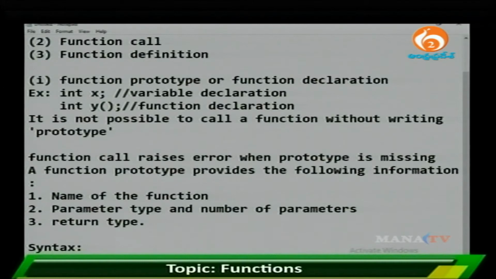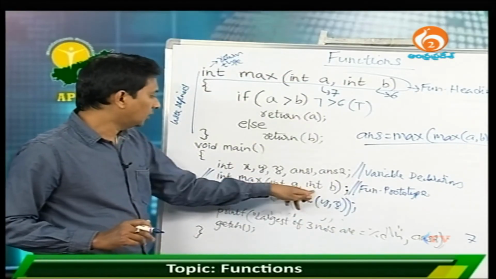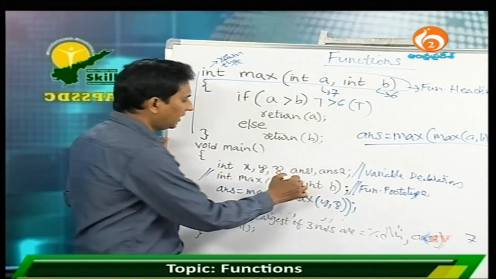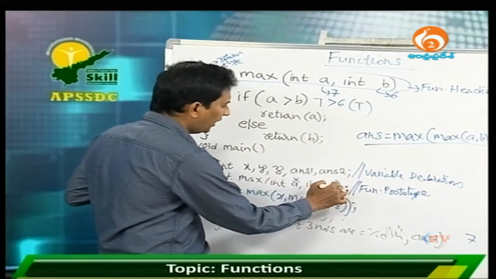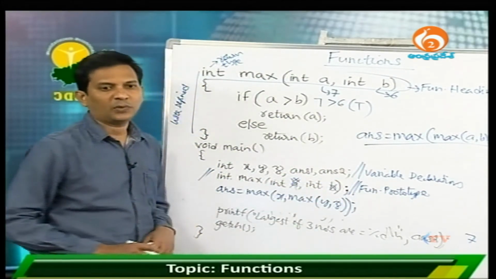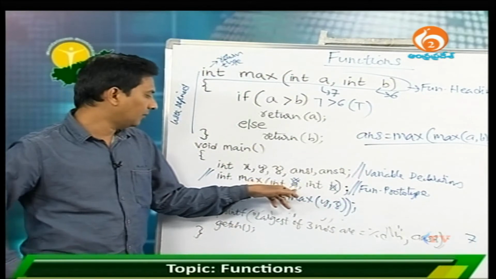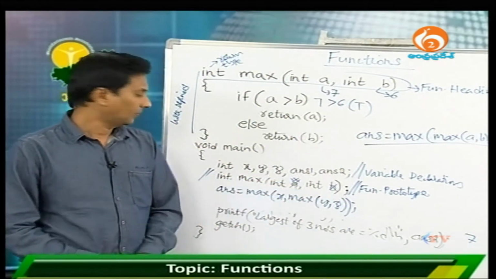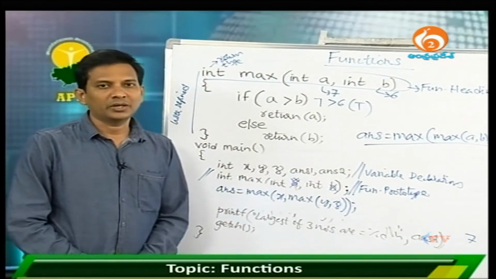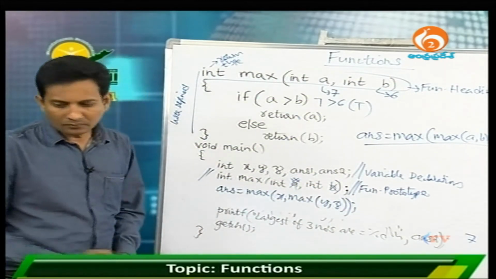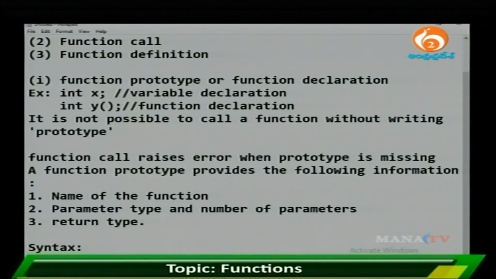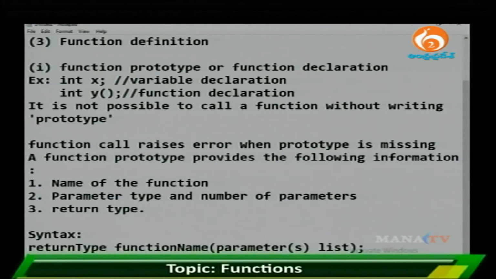And the names are optional here; no need to write them. You can see here int max, int a, comma int b, but a comma b are optional. If you do not write the names of the variables in function prototypes, no problem, because the integer type is important here. Next, return type, function name, parameters list. So, you can see the example.